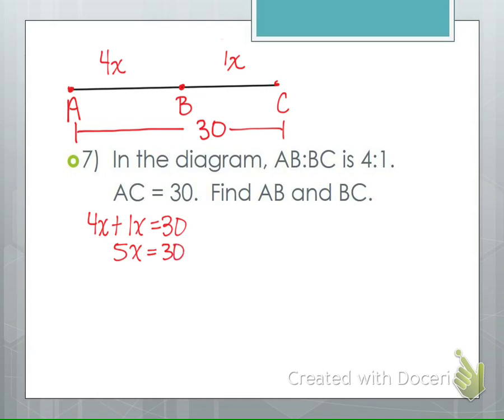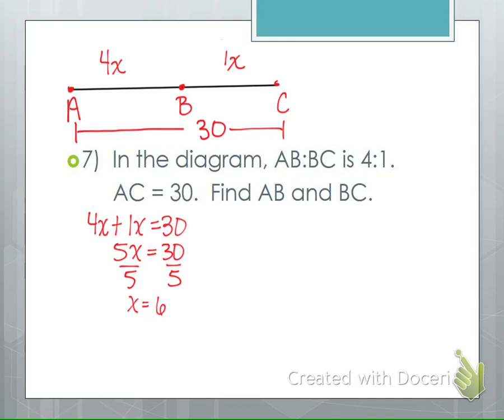I think most of you can combine 4x and 1x right away. But in case you need to see where that 5x came from, we added the two smaller pieces, set it equal to the big one. The last step to solve for x is going to be to divide by 5. You do not need to show me the divide by 5, but if you do, that's fine. x equals 6.